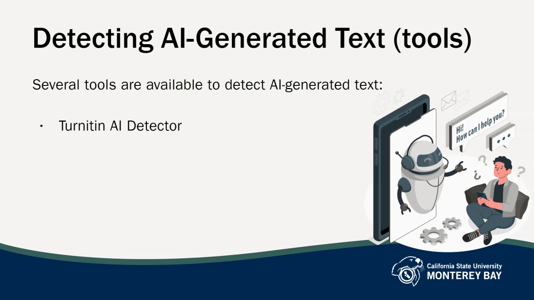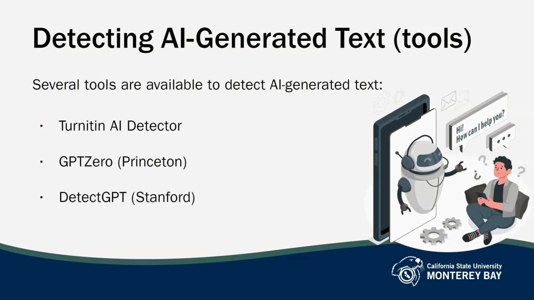Now, this is a premium tool. You have to have a license to use it, but many institutions already have a Turnitin license, so you just might have access to it. Another tool that is available for you to use for free is GPT-0. This was developed by a Princeton student, and DetectGPT, which was produced by a student at Stanford University.